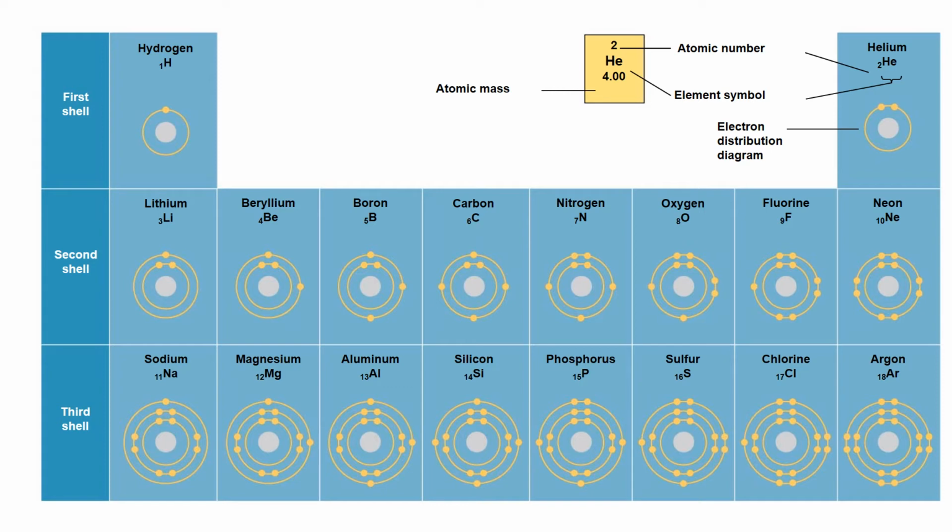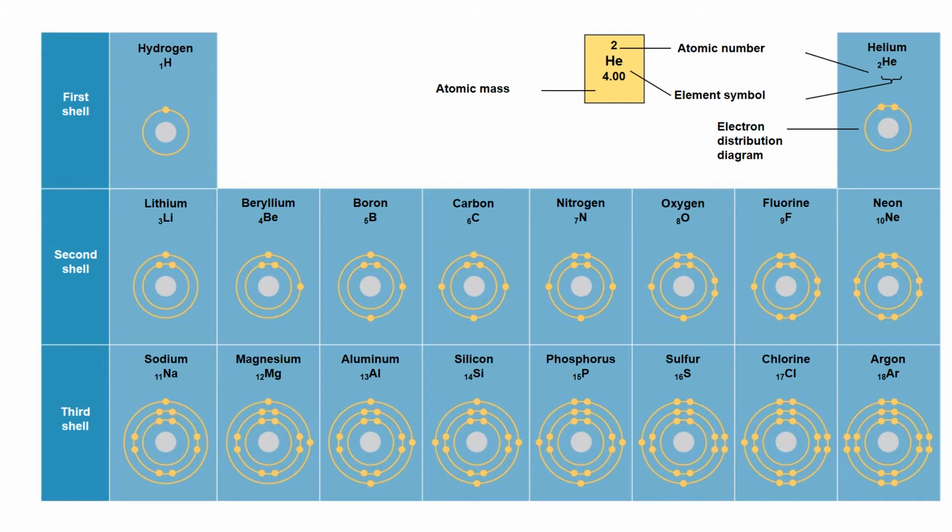On the second shell, you have lithium, beryllium, boron, carbon, nitrogen, oxygen, fluorine, and neon. So you have 8 elements, which means you can fit a maximum of 8 electrons. On the third shell, you have sodium, magnesium, aluminum, silicon, phosphorus, sulfur, chlorine, and argon. So you have 8 elements, which means on the third shell, you can have a maximum of 8 electrons.